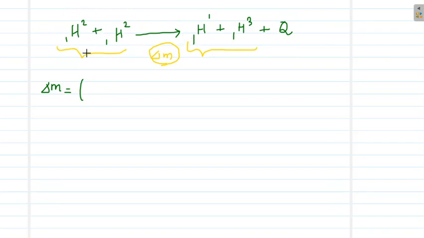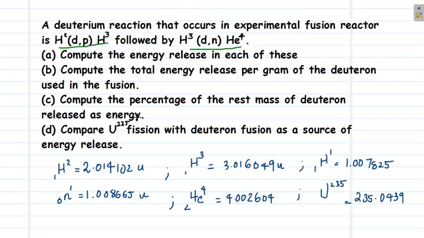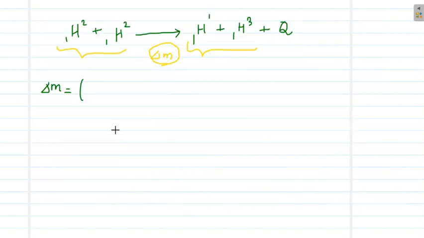The masses of the initial particles are 2.014102 plus 2.014102. This is the initial mass of the nuclei which are undergoing fusion.